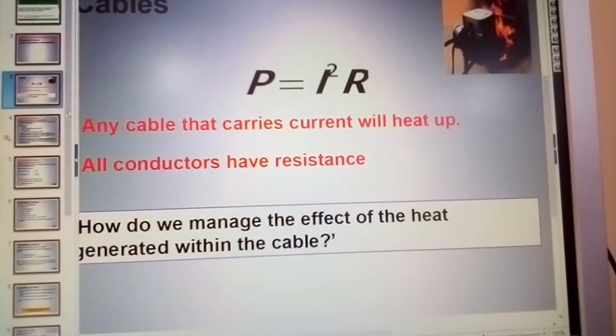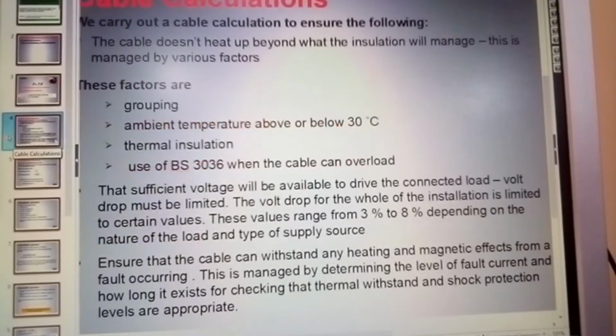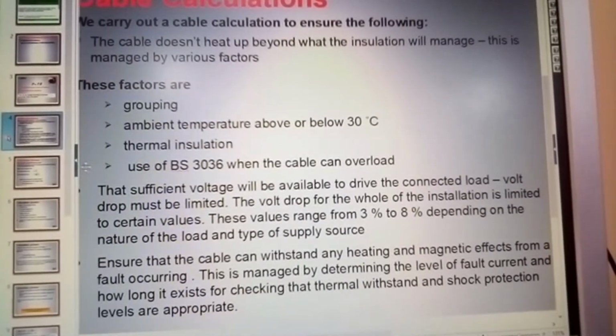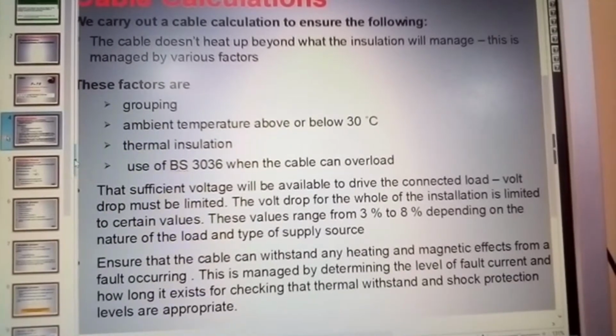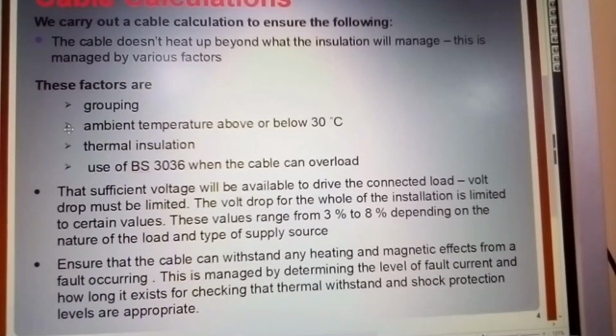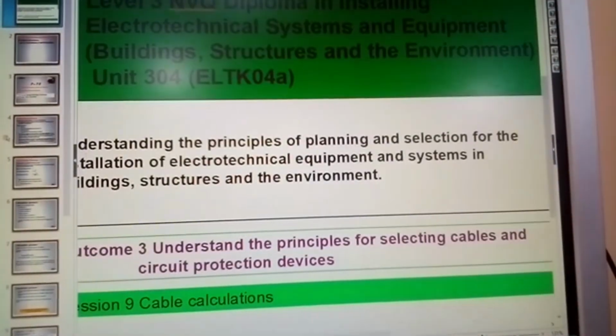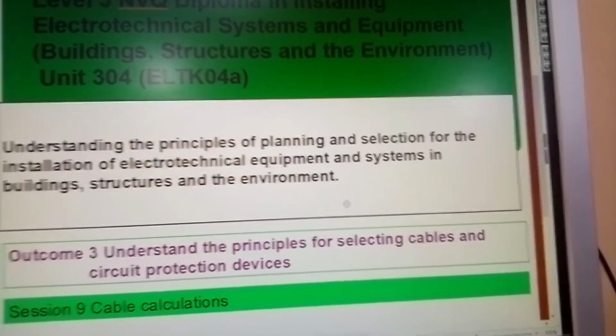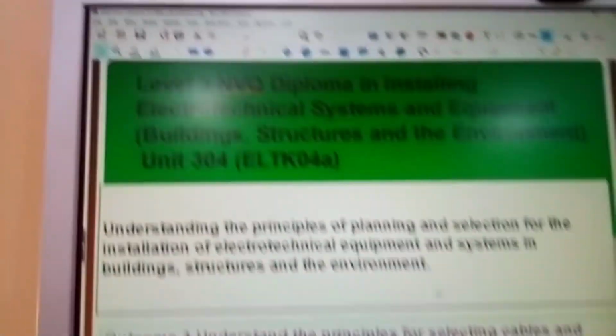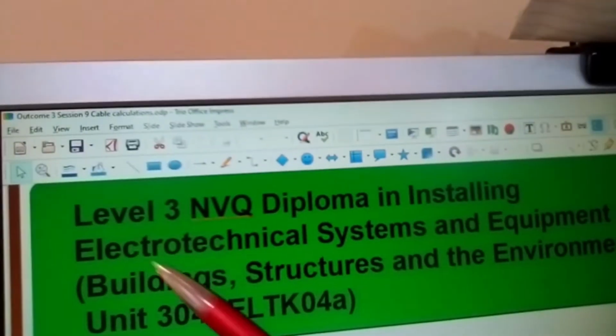Now, can I also remind you that all this work is 5357, level 3, okay? Let me just go back a little bit just to make sure that I can highlight this to you, that this is level 3 work. You're looking at NVQ level 3.